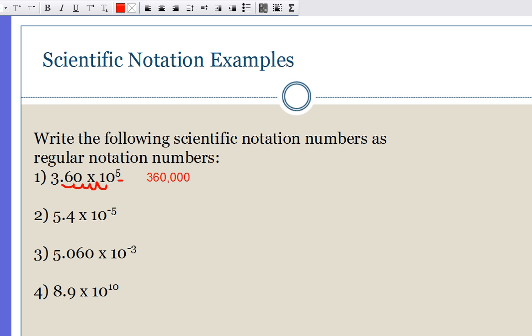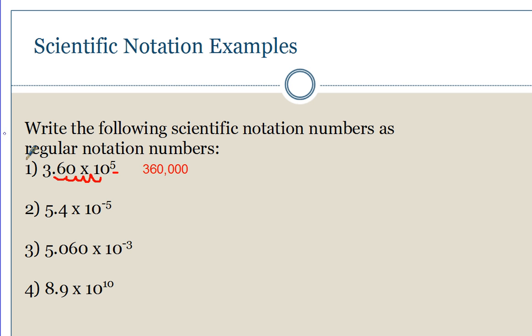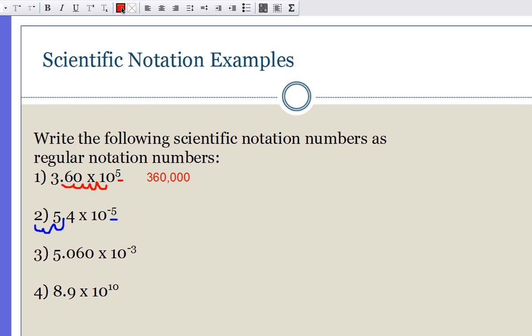So then if I have a negative exponent, in this case it's negative, the number's got to get smaller, so I'm going to move the decimal to the left. So I move it 5 places. If I run out of room, I got to add zeros. So I'm going to add some zeros here.